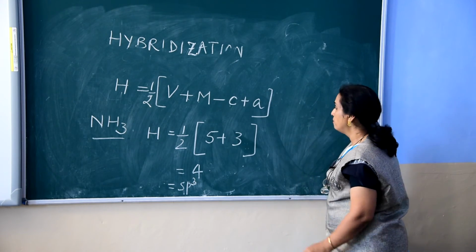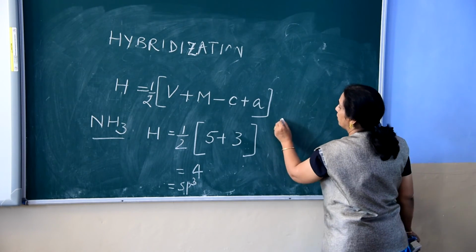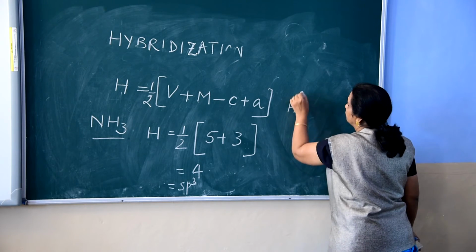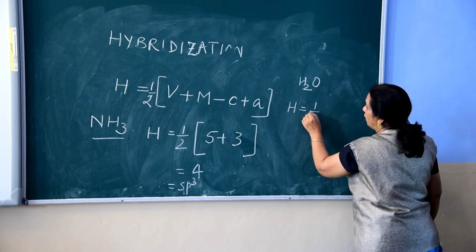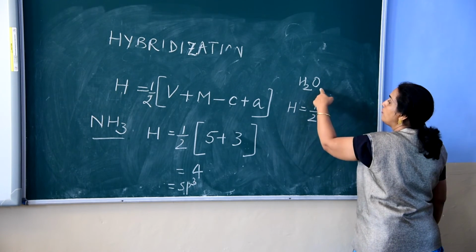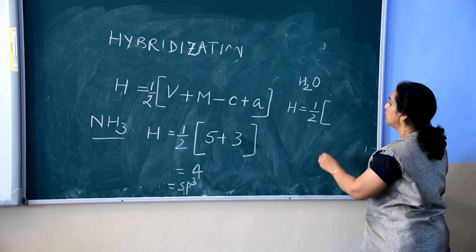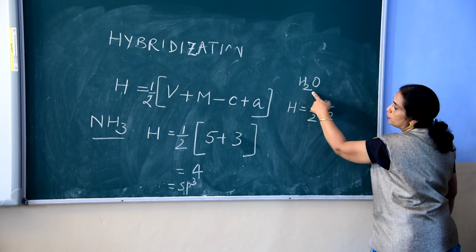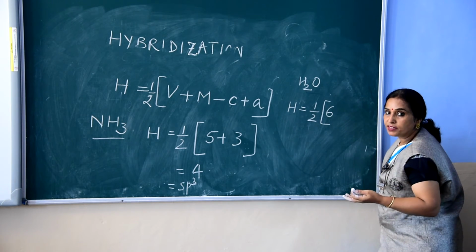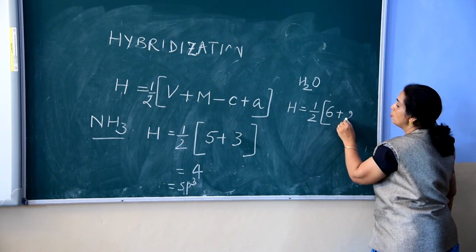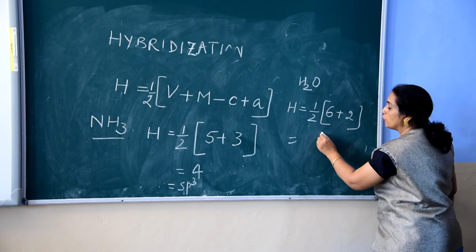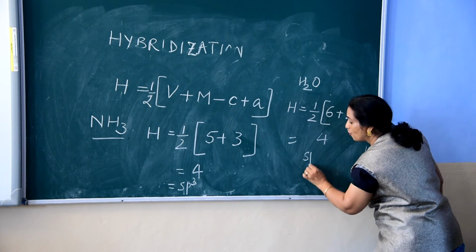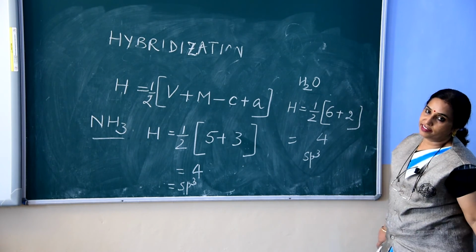Similarly, for water, using the same formula, H is equal to half into the number of valence electrons on the central atom, which is 6, plus monovalent atoms attached, which is 2, no ions attached, 8 by 2 is equal to 4. Water also shows sp3 hybridization.